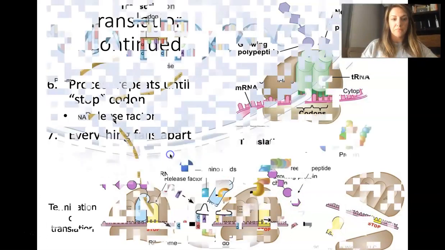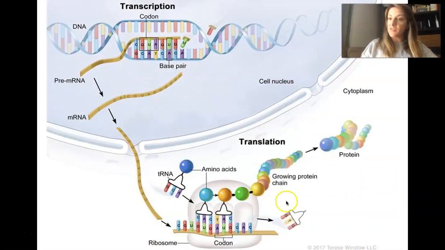Okay? So here's everything all together. You've got your DNA in the nucleus, mRNA being produced in transcription by base pairing with the DNA.